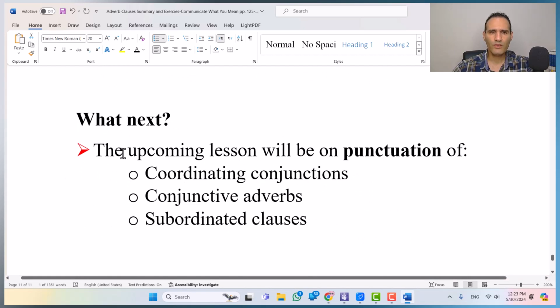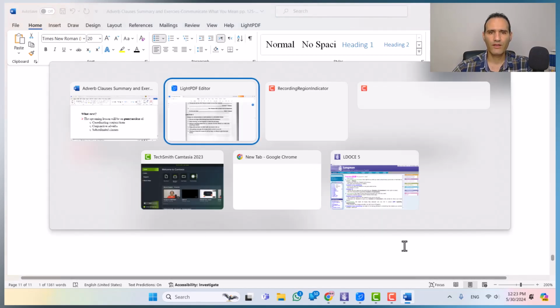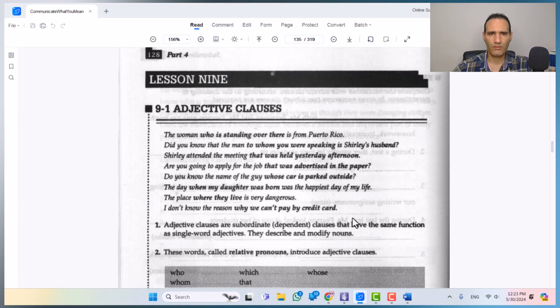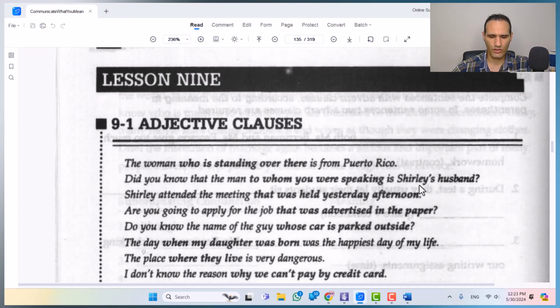Our next video will be a video on punctuation of coordinating conjunctions, conjunctive adverbs, and subordinated clauses. And after that, we will head for the adjective clause on page 128, which is very beautiful and very useful.